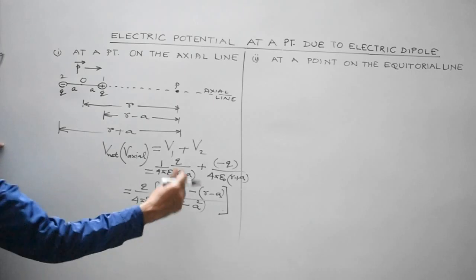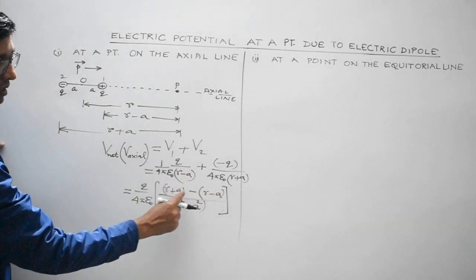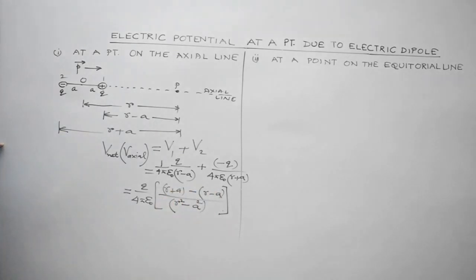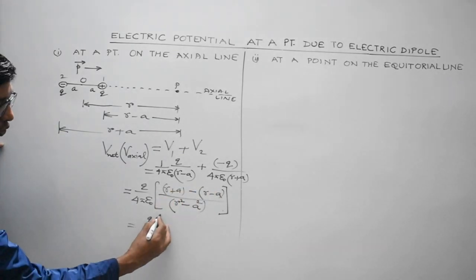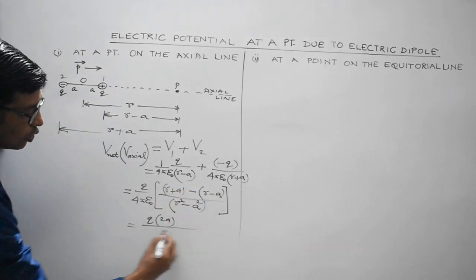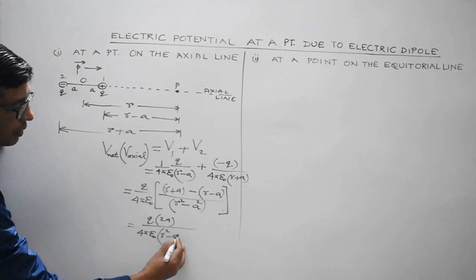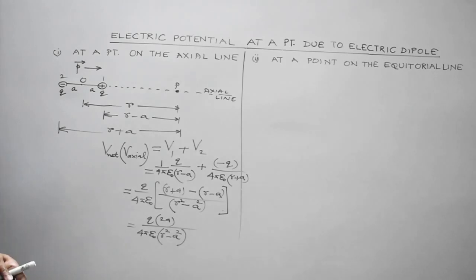Open the bracket: r minus r gets cancelled, a plus a gives you 2a. So what you get is q multiplied by 2a over 4 pi epsilon into r square minus a square.